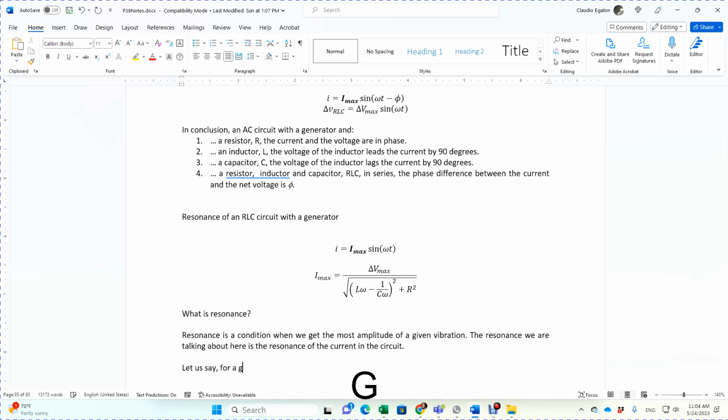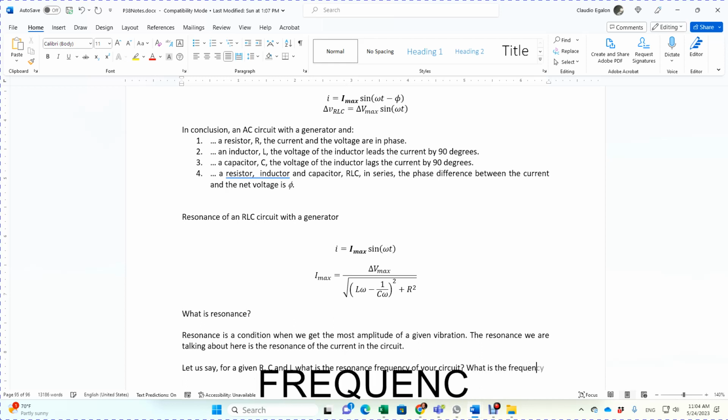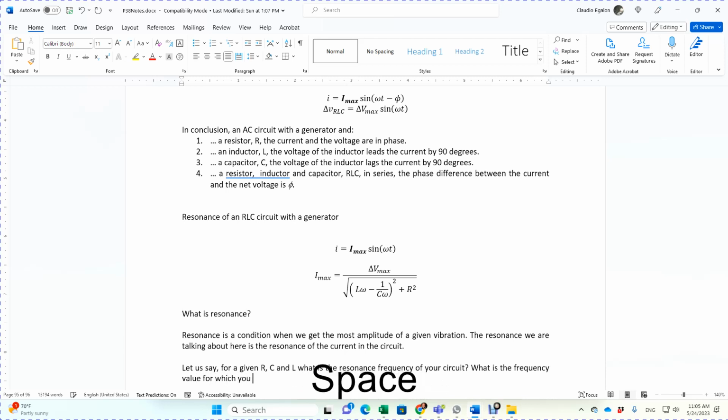For a given resistance value, for a given capacitance value, for a given inductance value, what is the resonance frequency of your circuit? In other words, what is the frequency value for which you get the largest amplitude of the current?